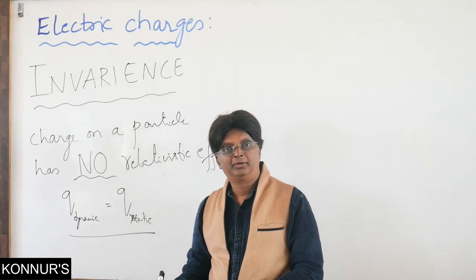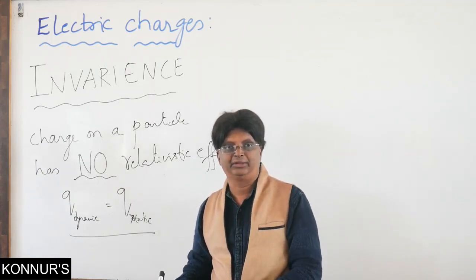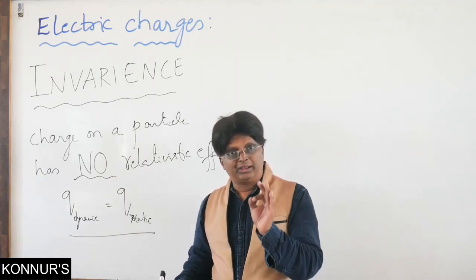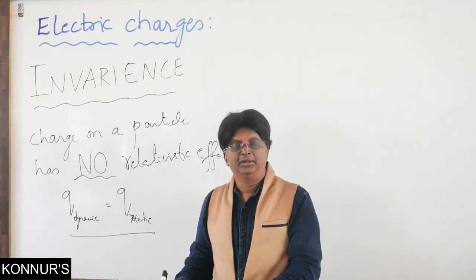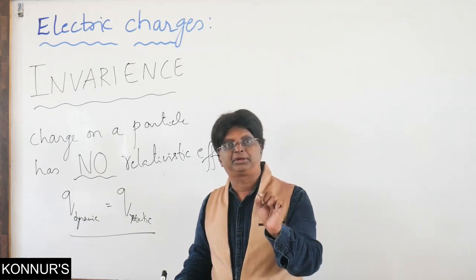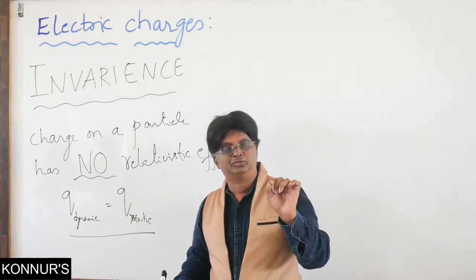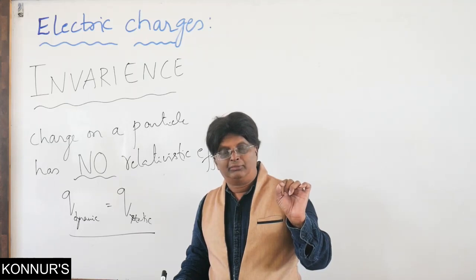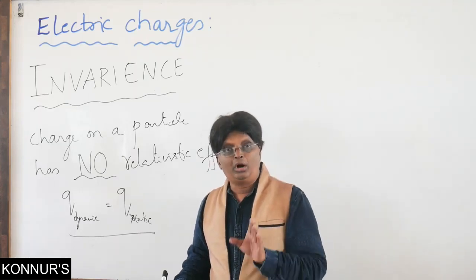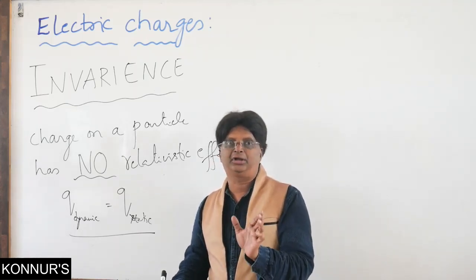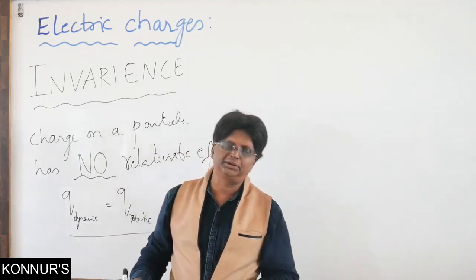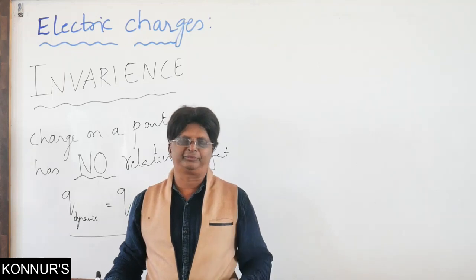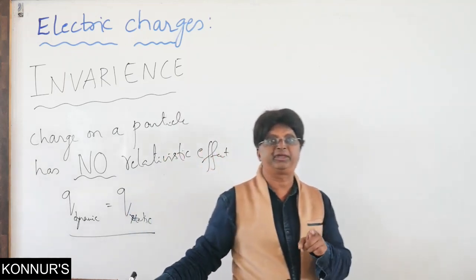Now one more time, a 2 marks question is asked like this. When an electron or proton, any charged particle, is accelerated to high speeds, what happens to its specific charge is the question. Right? What is the question? A charged particle accelerated to very high speeds, what happens to specific charge?